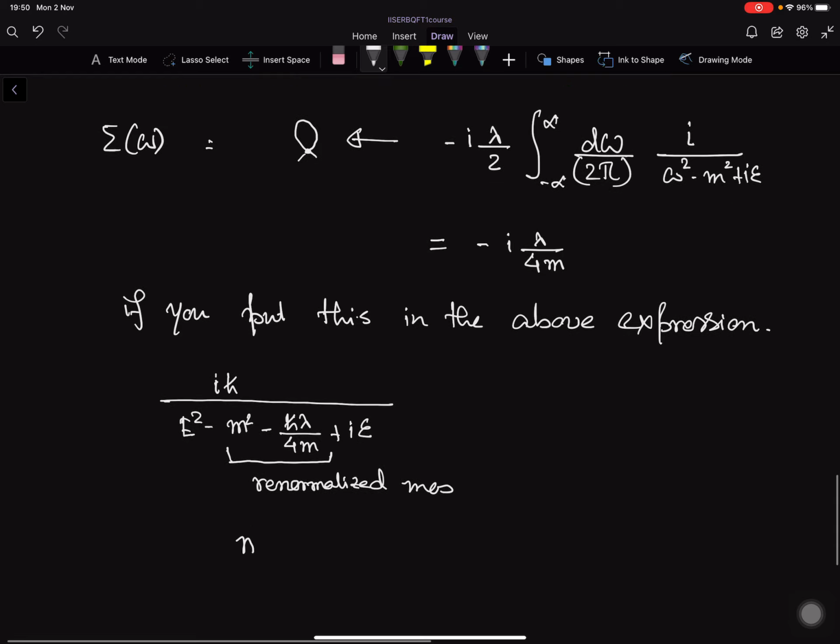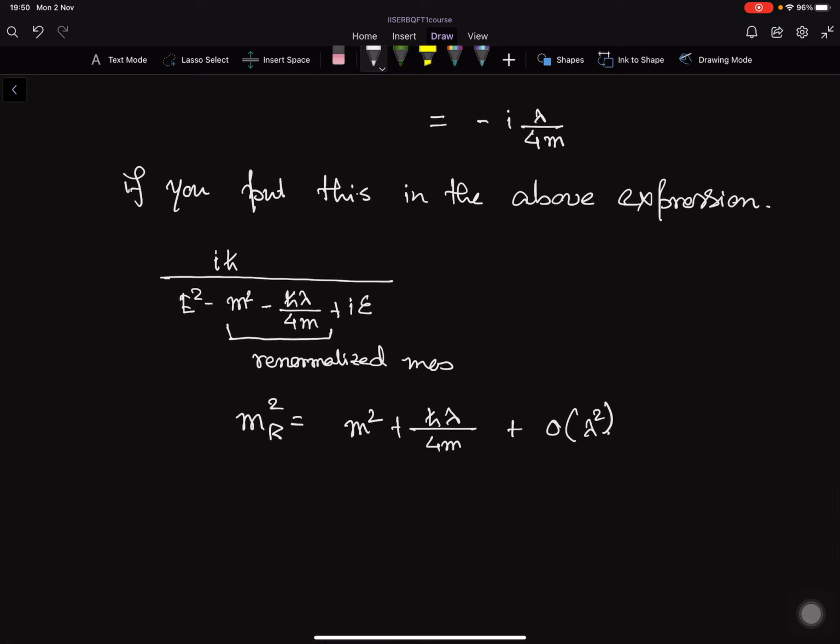So by definition, m_R square, the renormalized mass square, is m square, I mean this is the one loop renormalized mass, plus of course there will be order lambda square correction. Okay, so the important thing is that if you compute this quantity h bar (m_R minus m), this will just become h bar square lambda over 8m square. Check.